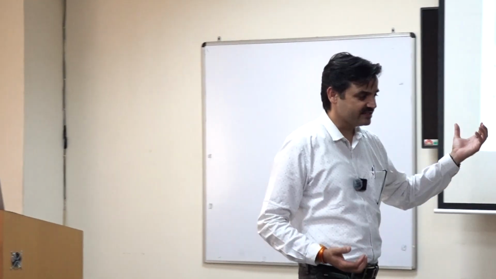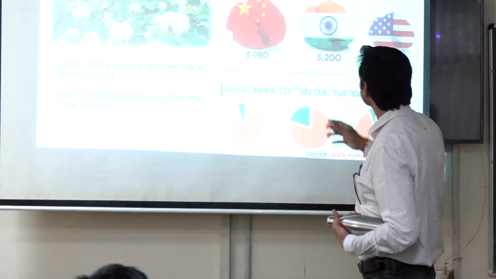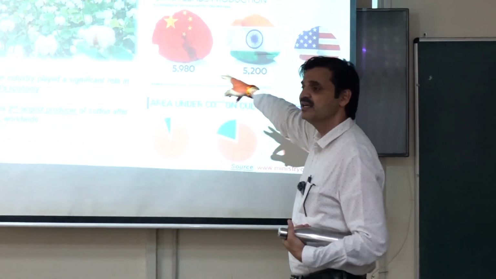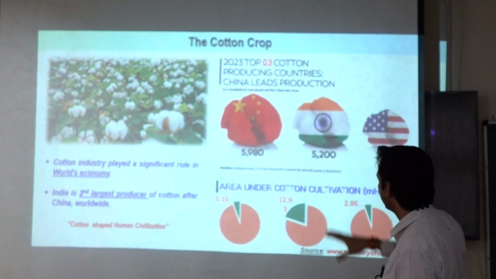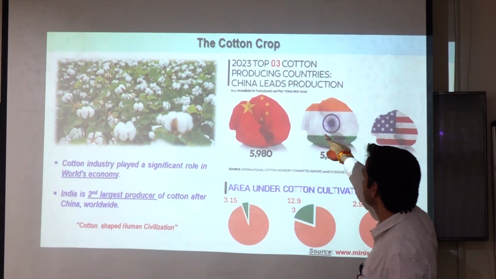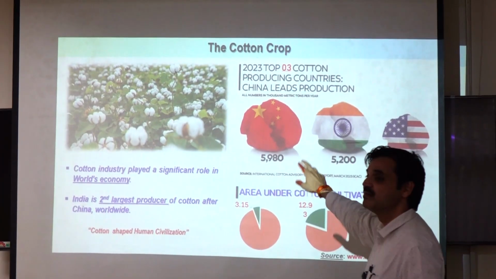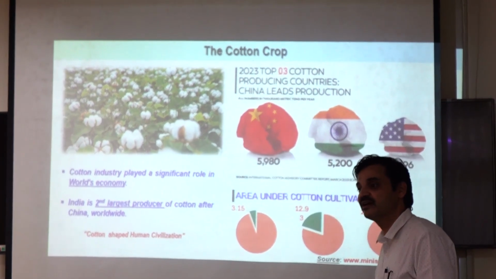If you see some statistics here, above the picture, China, India, and the US are the three leading countries producing cotton worldwide. The numbers are in 1,000 metric tons. You have almost 6,000 metric tons of cotton production in China.